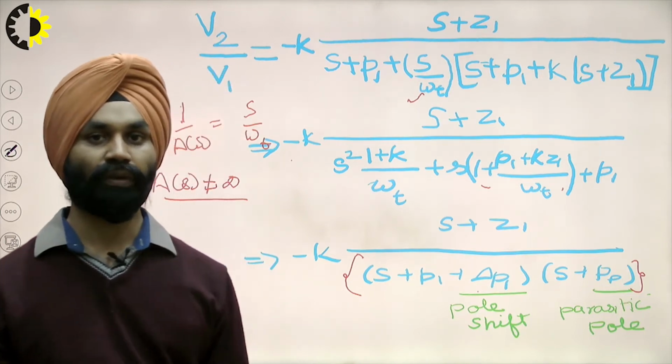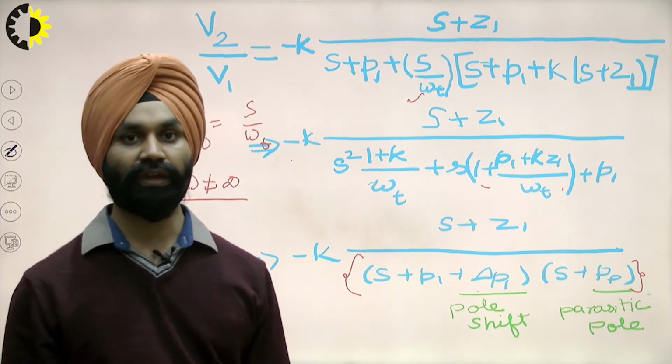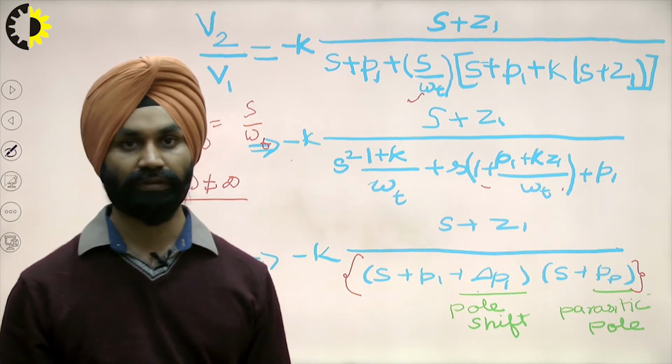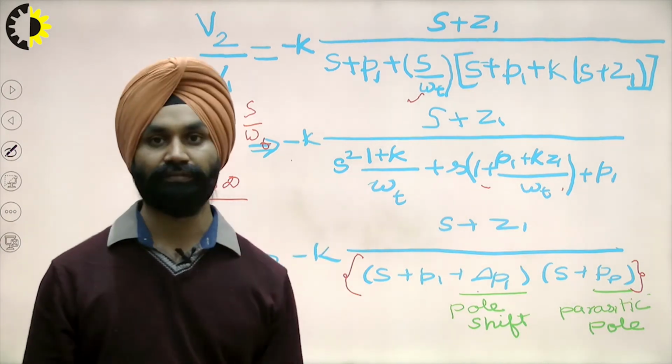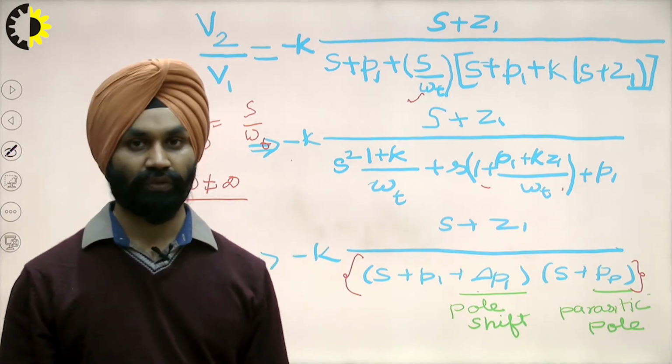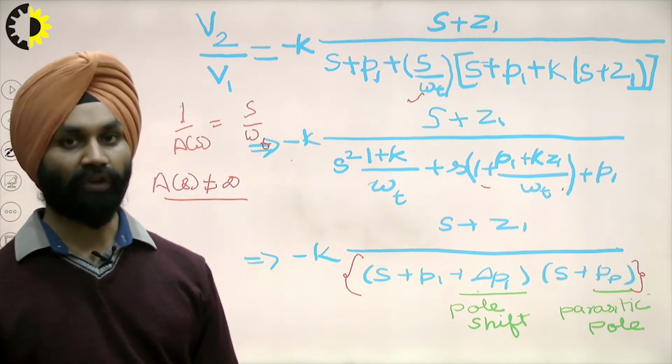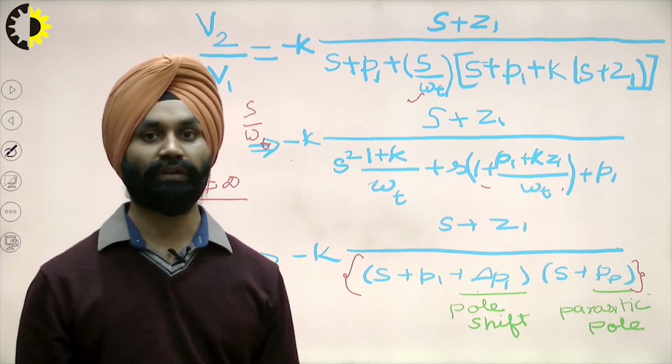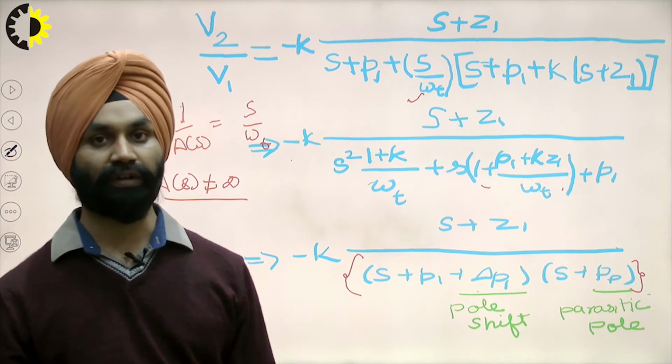Previously we had one pole and one zero. Now we have a different number of poles. This is a second order equation. So our non-ideal op-amp makes our filter of a different order.